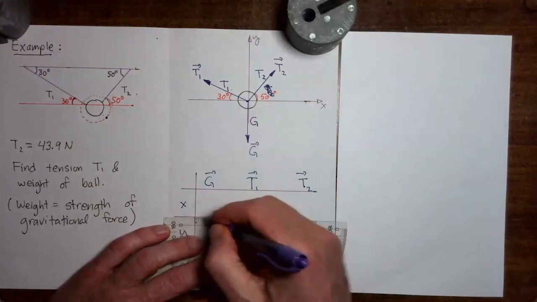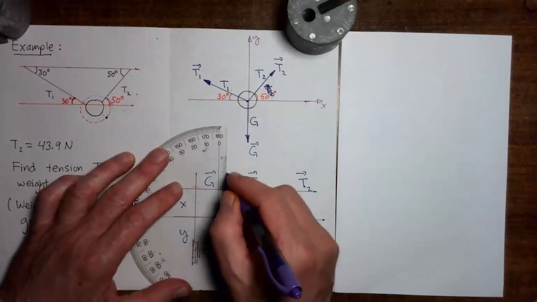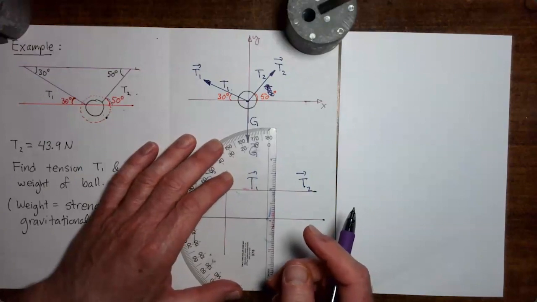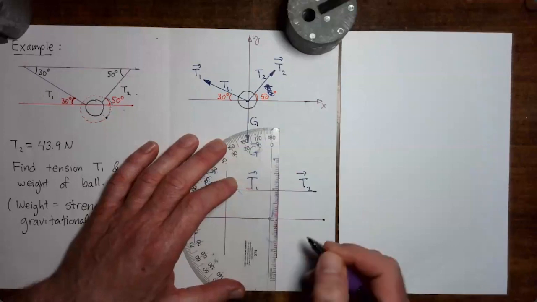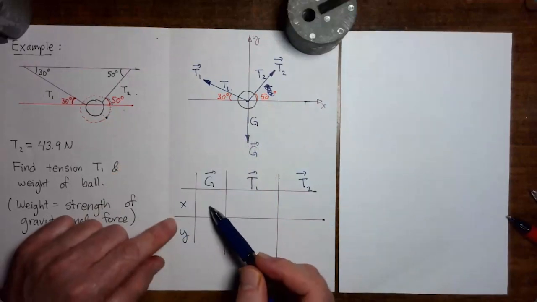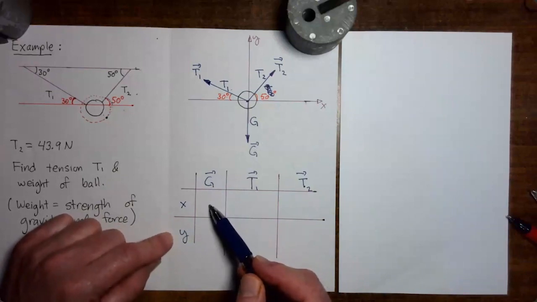Okay, so my grid's going to look like this. All right, so now we're going to start filling out the grid. Into this box here, we're going to put the x component of the gravitational force.